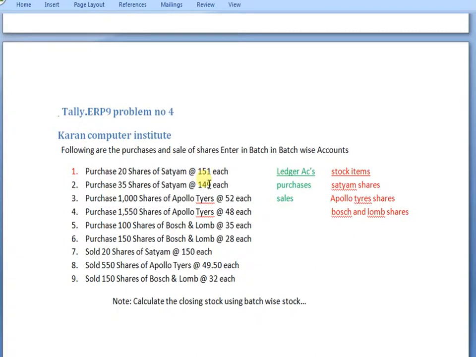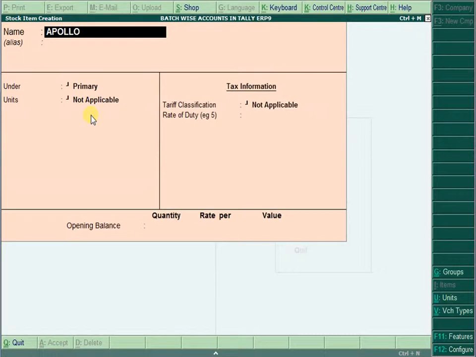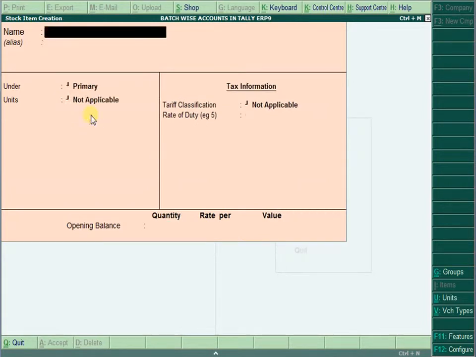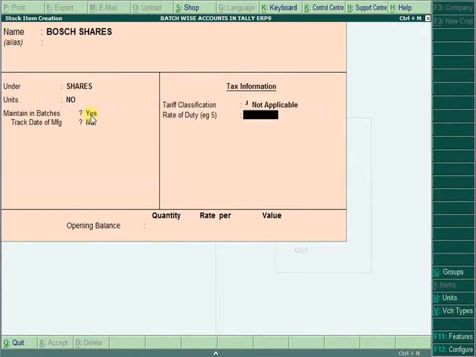For these accounts we should make different batches for different rates. For that, here maintain in batches we should set yes, and also for maintain batches yes.